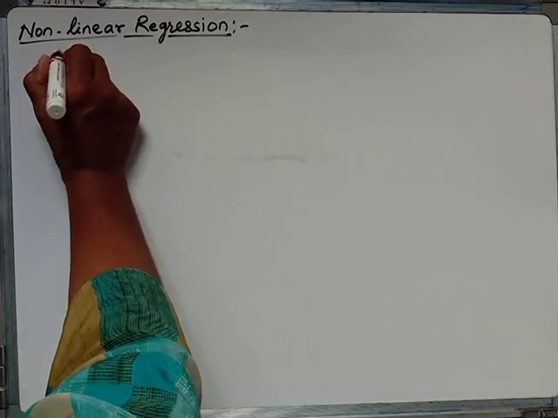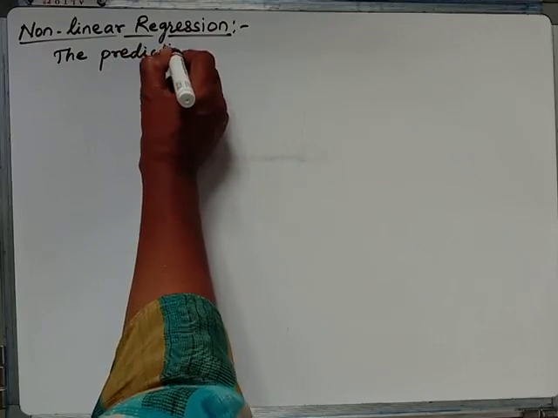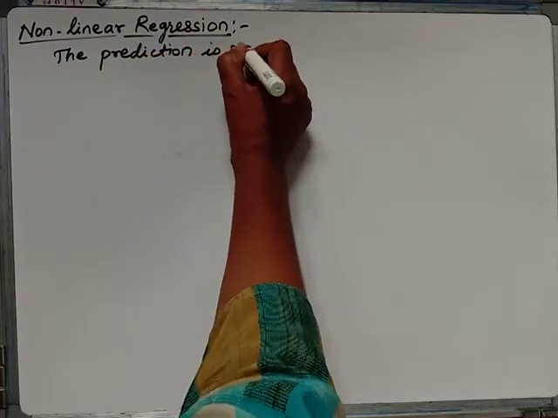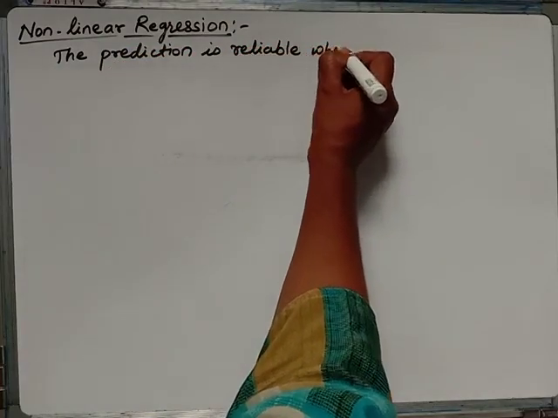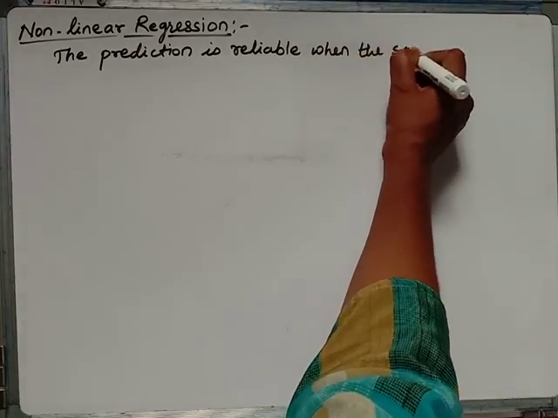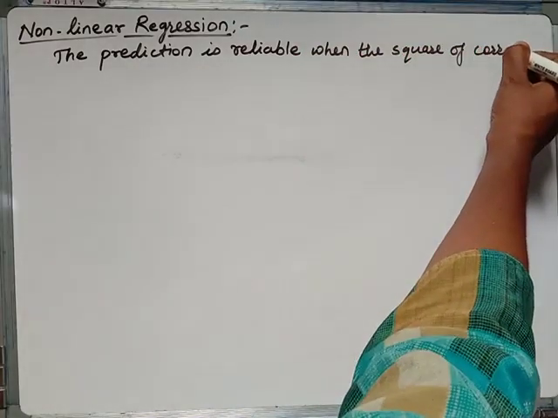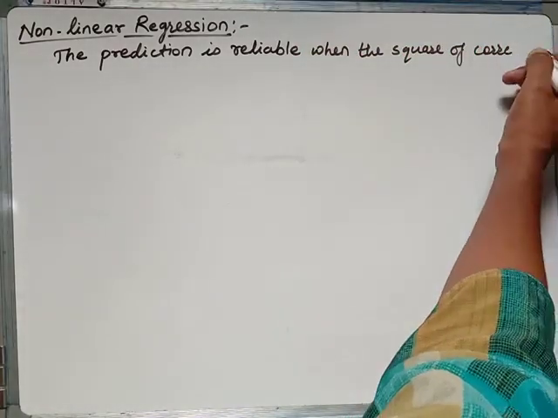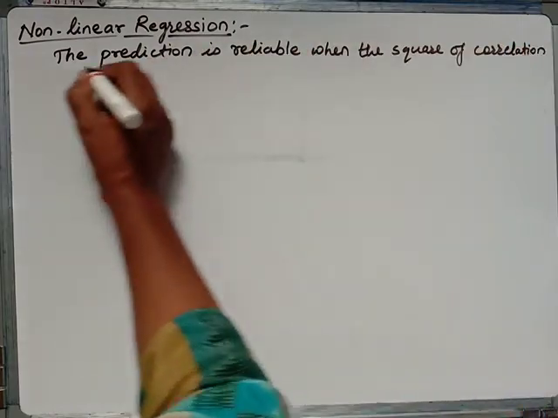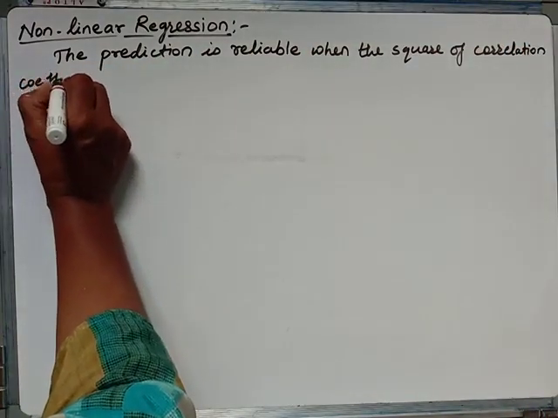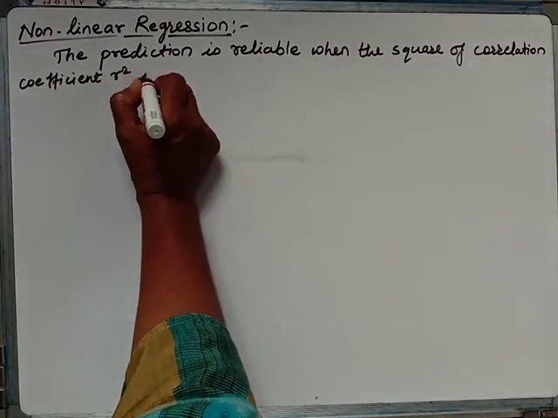Okay, what I say: the prediction is reliable when the square of the correlation coefficient, you know that is the coefficient of determination, is large enough.